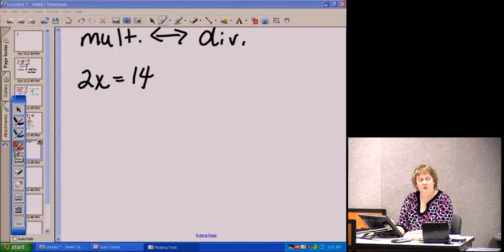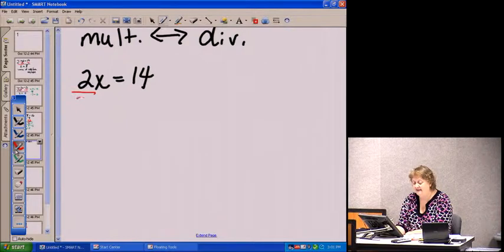In this case, we want to divide. Notice when I was doing the subtraction and addition that I showed that underneath with a plus or a minus. In the division, I'm going to show that by using a fraction bar underneath the 2, because I'm going to divide that 2 by itself. What I do on one side, I have to do on the other. So I'm going to show that in between the numbers. 2 divided by 2 gives me 1.